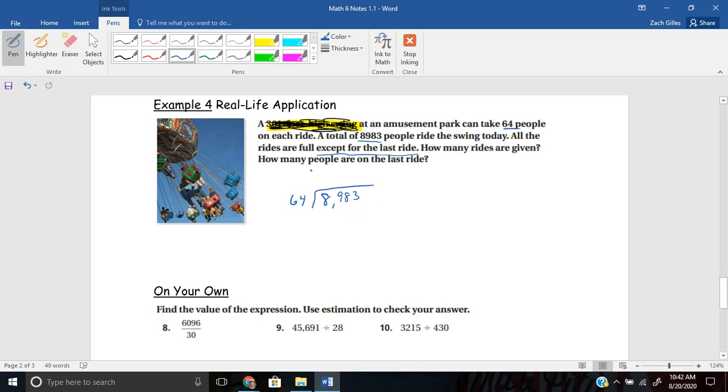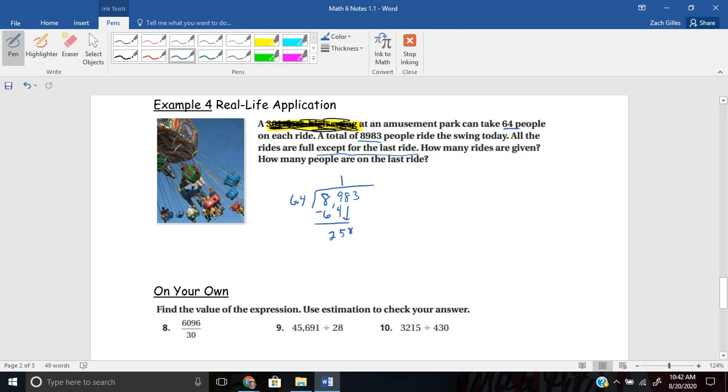So 64 goes into, no, it doesn't go into 8. It goes into 89 one time, because 1 times 64 is 64, and we can't get another 64 in there or we'd be higher than 89. So 9 minus 4 would give me 5, and 8 minus 6 would give me 2, and I'll bring down my next number, which is 8. All right.